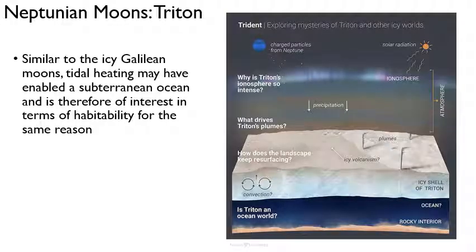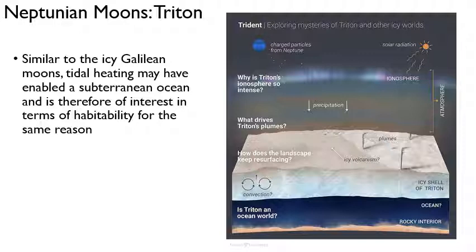And then the last stop in the solar system in terms of potential habitable or life-conducive conditions is Triton. This is the very large moon of Neptune. Similar to the Galilean moons, you have a lot of tidal heating, and this may enable a subterranean water ocean.